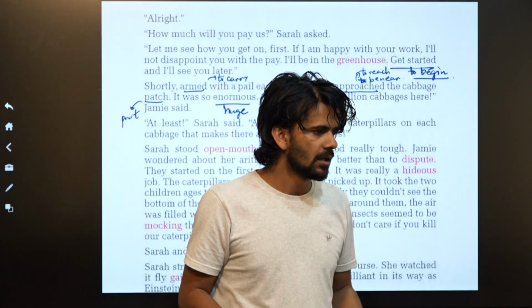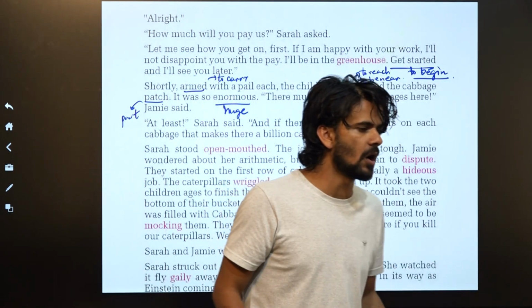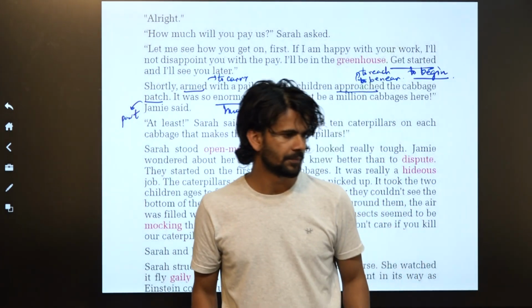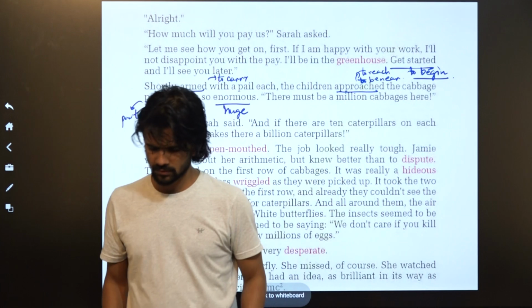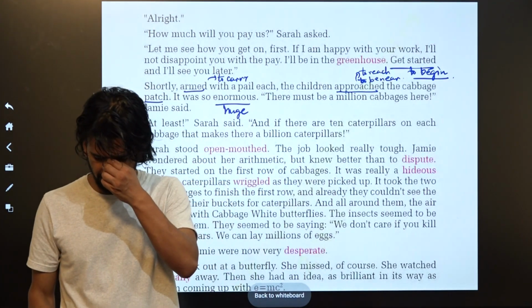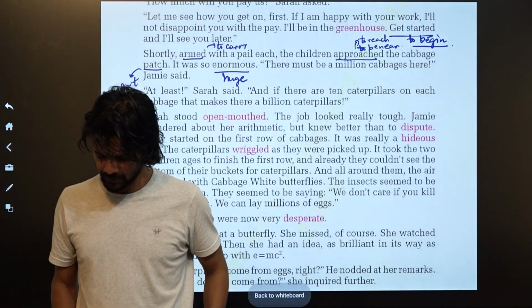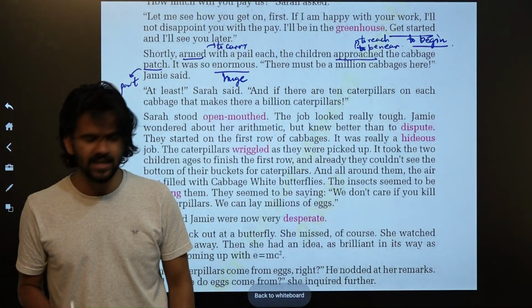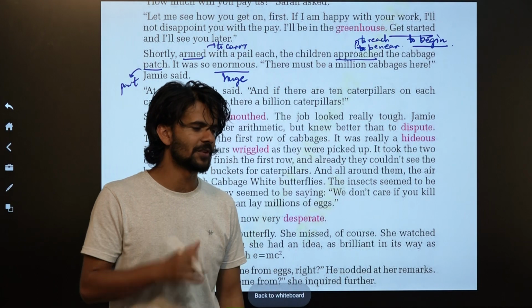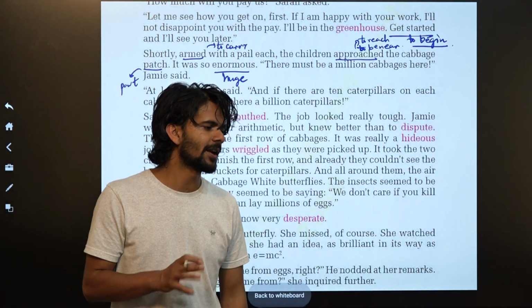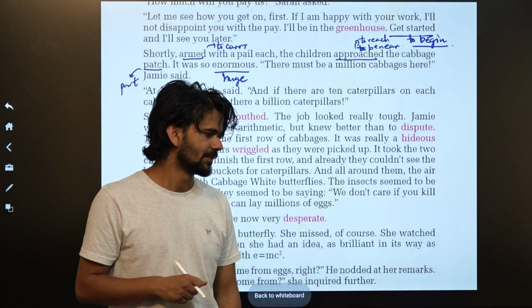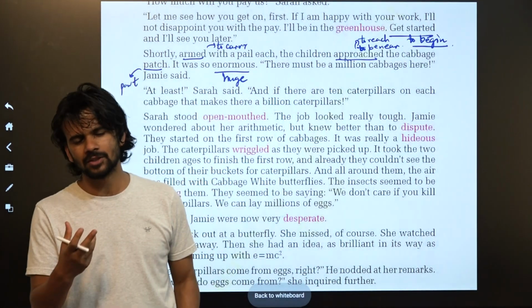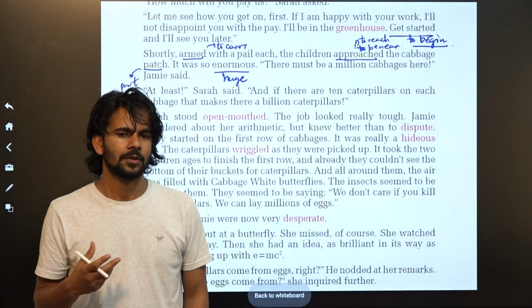And he wanted them to actually collect all the caterpillars that were lying on the cabbage. So, at least, Sarah said, if there are 10 caterpillars on each cabbage, that makes there are 1 billion caterpillars. That is just trying to figure out how many caterpillars there are.